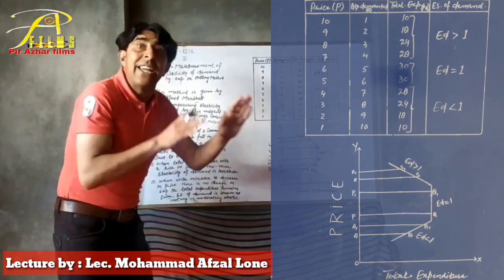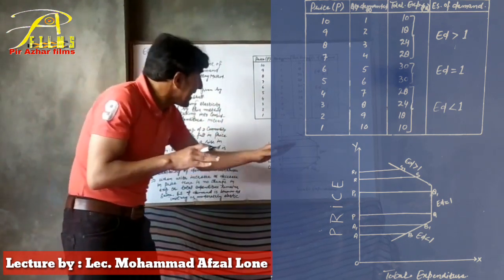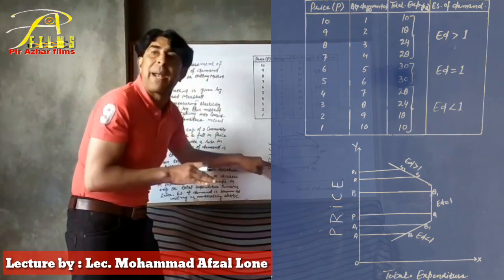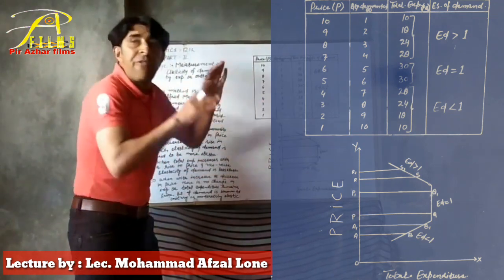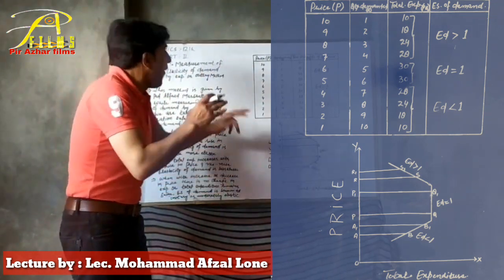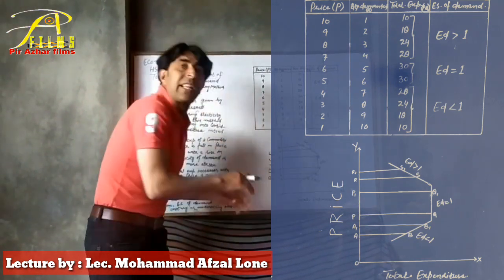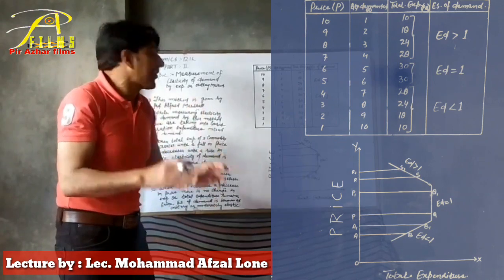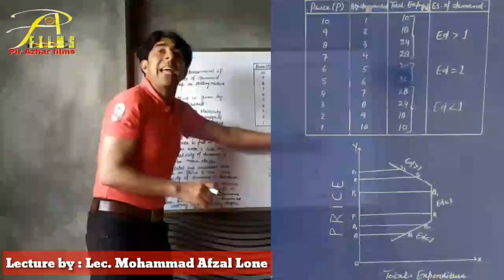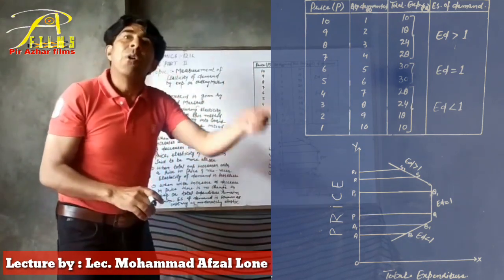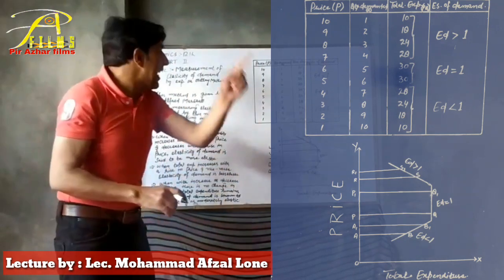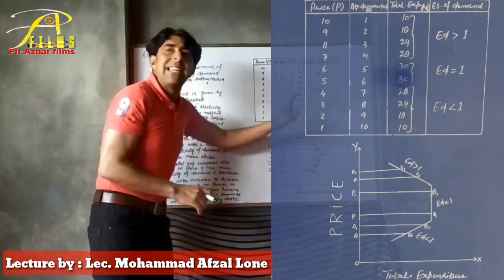The line increases, it means there is an increase in the total expenditure with the fall in price. It is the first case: when total expenditure falls with a rise in price, and increases with a fall in price, elasticity of demand is said to be highly elastic, more elastic, relatively elastic, ED is greater than 1.